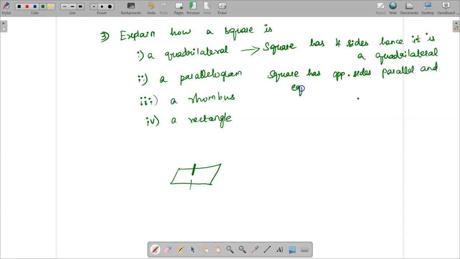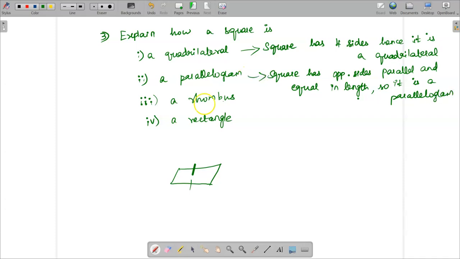Similarly, a square also has opposite sides parallel and equal in length. So it is a parallelogram. Square, I can name it as a parallelogram.